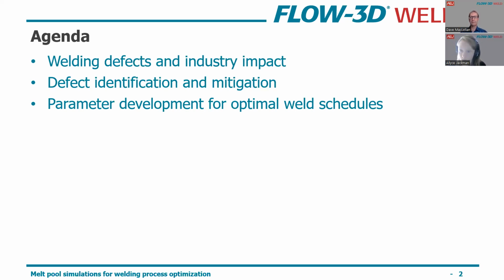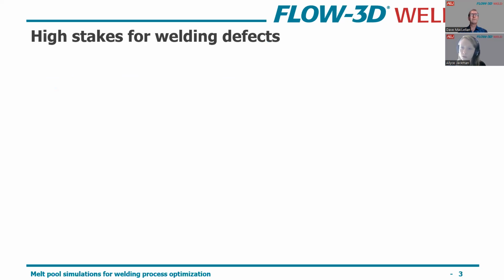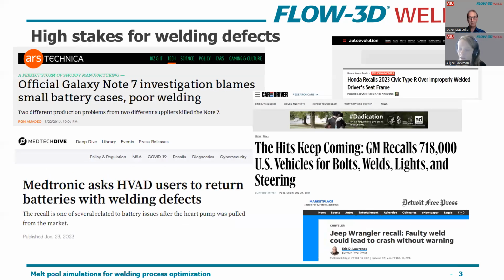optimize your weld schedules. So from a business standpoint, there's kind of high consequence for welding defects. And we see this a lot in some product recalls, kind of from the consumer standpoint. So aside from the high cost on the business being a lot of setback on the order of maybe millions of dollars, sometimes months, years, timelines to get a product out to market.